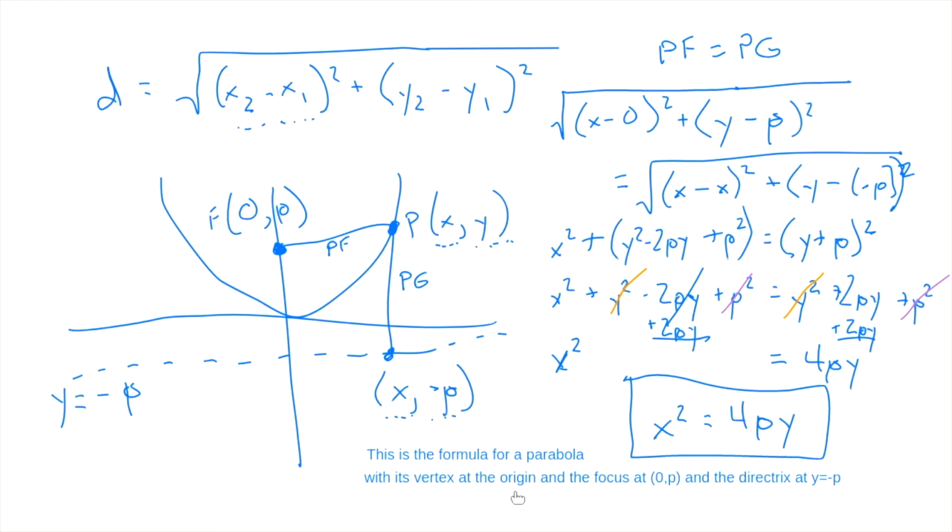Well, what if the vertex isn't at the origin? Give me a minute. Don't rush me. What if the focus and the directrix aren't right here? Well, wherever the vertex is, suppose your vertex is right here, and suppose this is your parabola, and you're thinking, well, that's a weird parabola. It's kind of flat. Well, yeah, you can have them that are kind of flat.